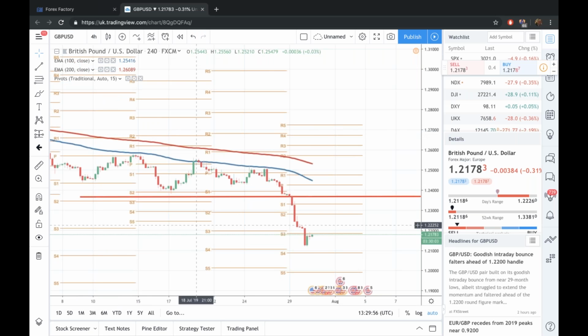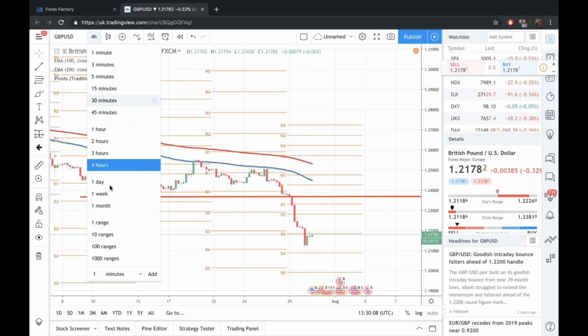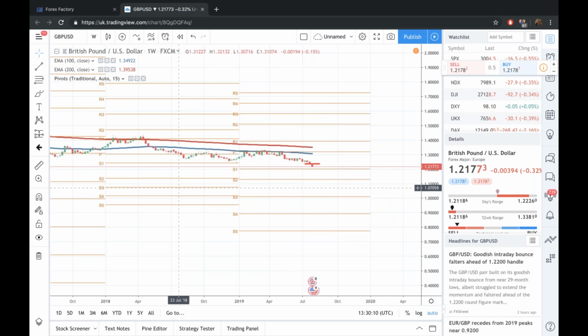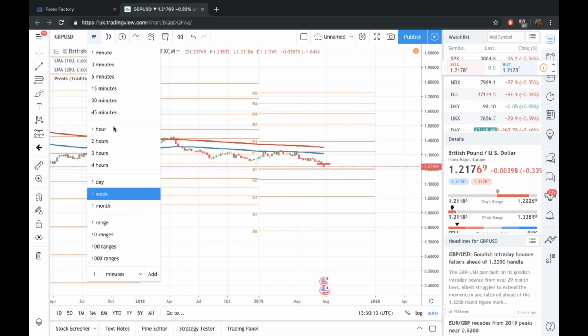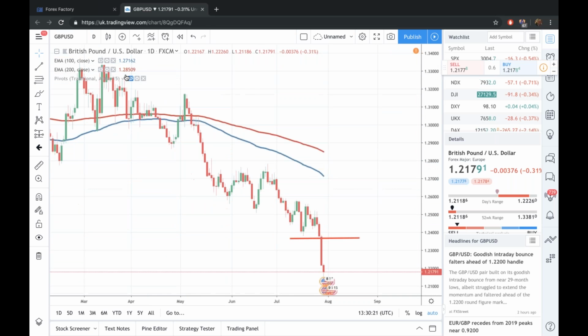And now they're on your chart. Now just set the pivot point to auto. If you set the pivot points to auto, the chart will automatically adjust to the time frame you're on. So whether you're on a weekly chart or daily chart, you see there's adjustments. It just makes it automatically.